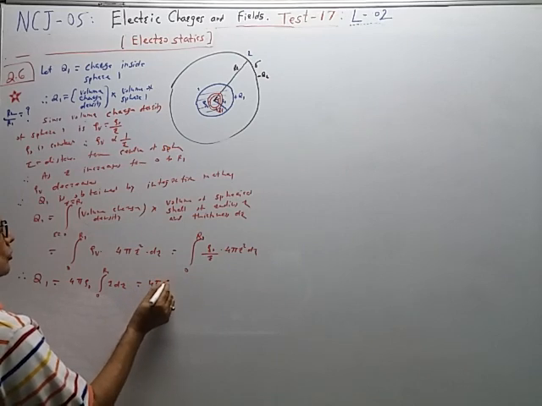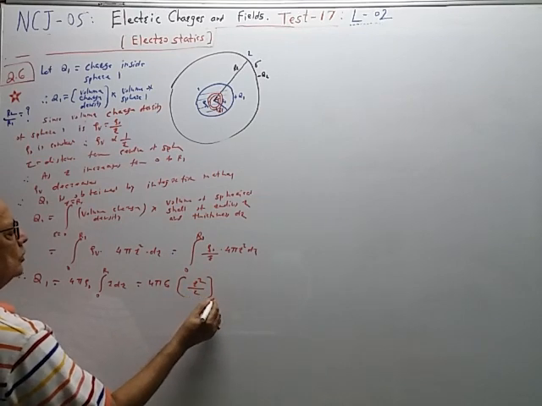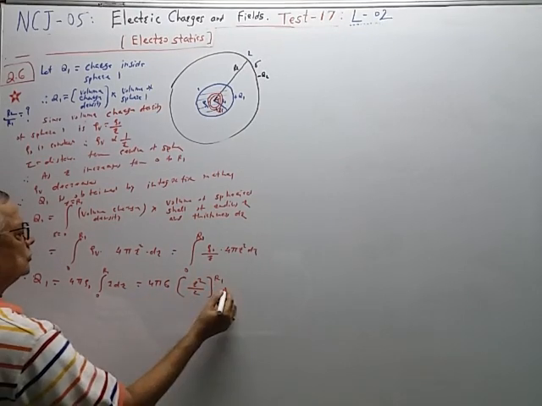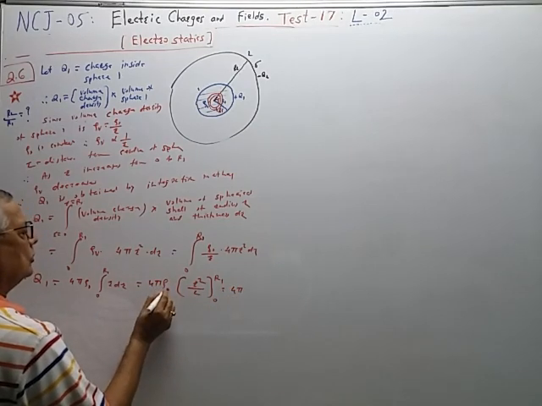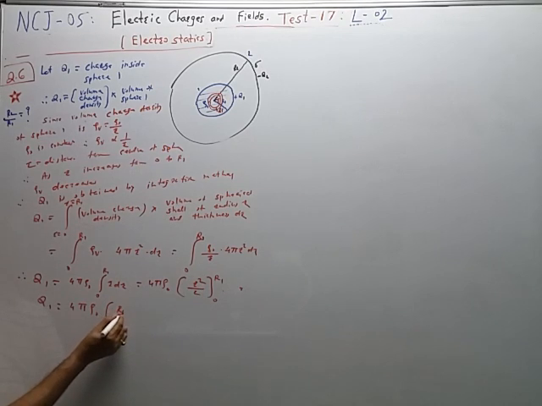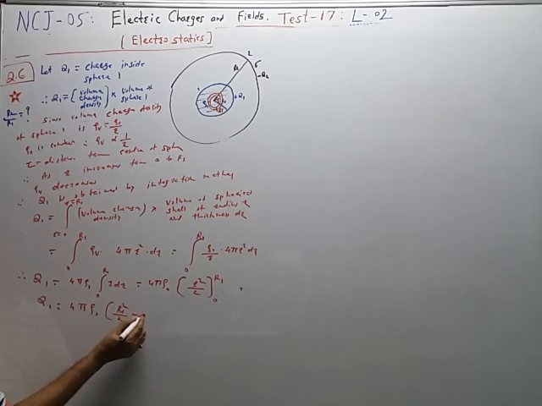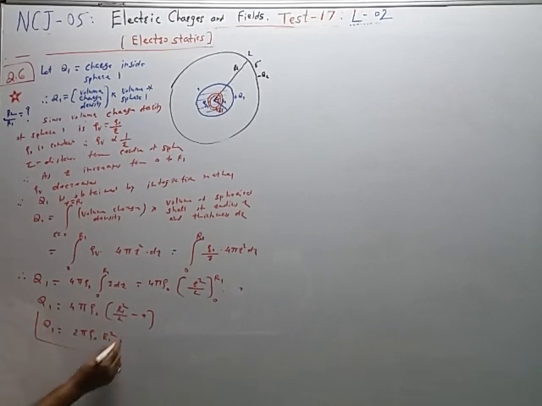The integration of r dr is r square by 2, lower limit 0 upper limit r1. So this is equal to 4 pi rho 0 constant into r1 square by 2 minus 0, and therefore Q1 is equal to 2 pi rho 0 r1 square.